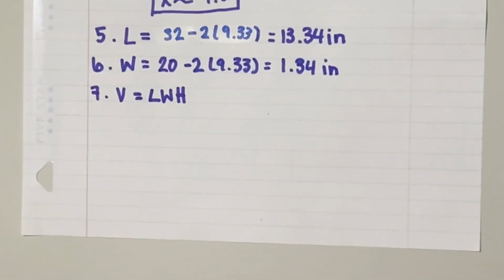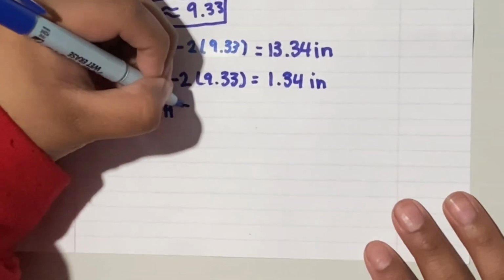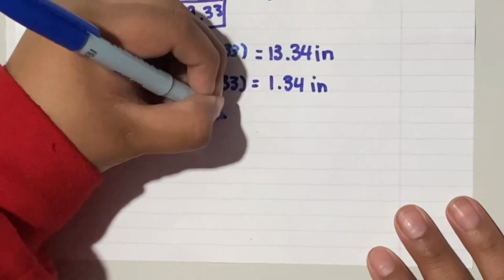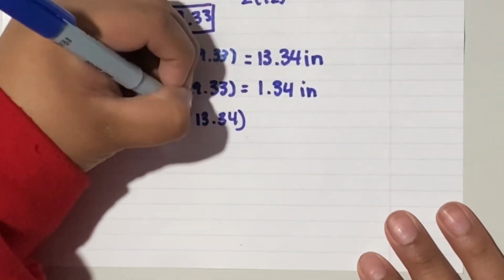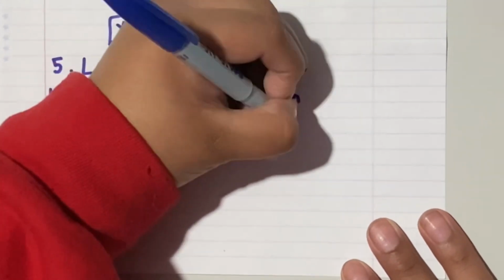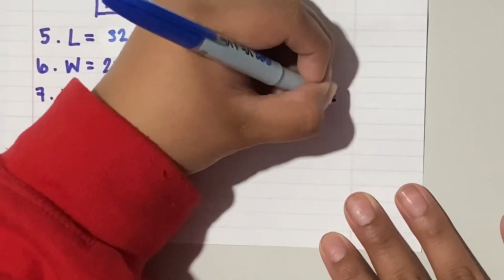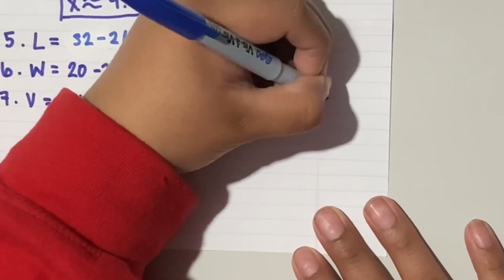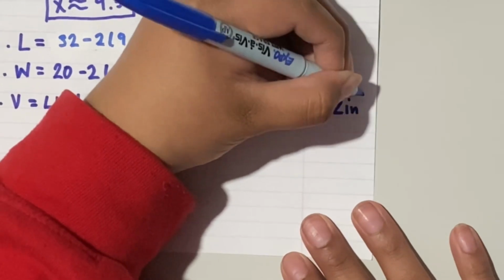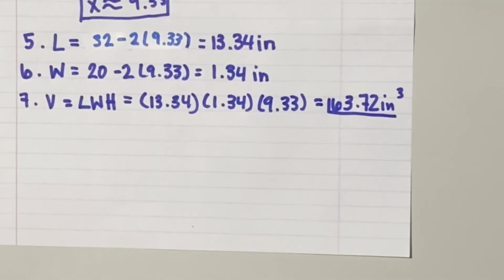So 9.33 is representing our height. So our new equation for this is going to be 13.34 times 1.34 times 9.33, and that gets us 1637.2 inches cubed. This is our new volume.